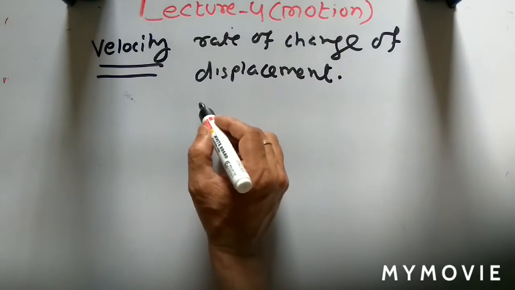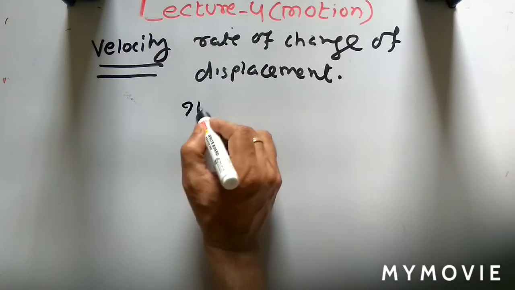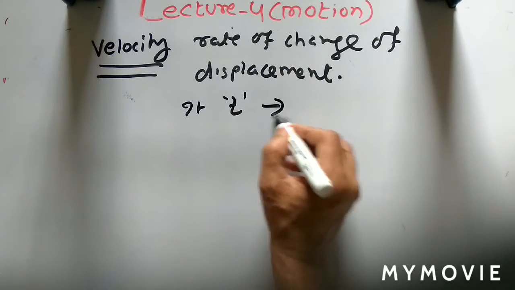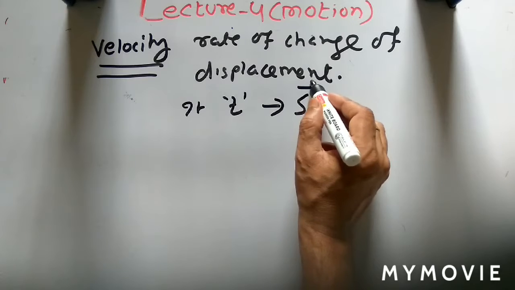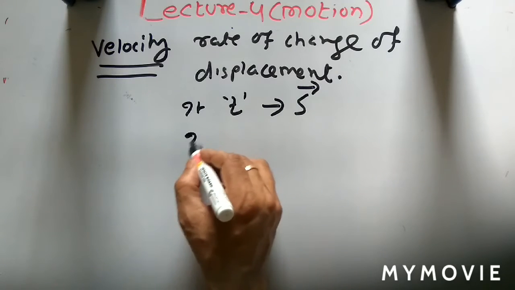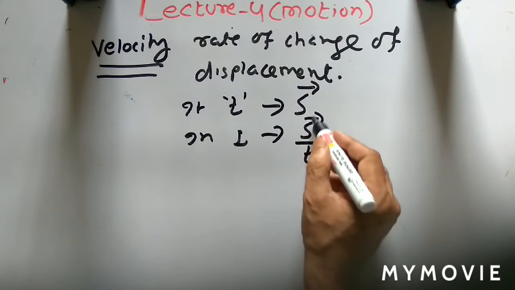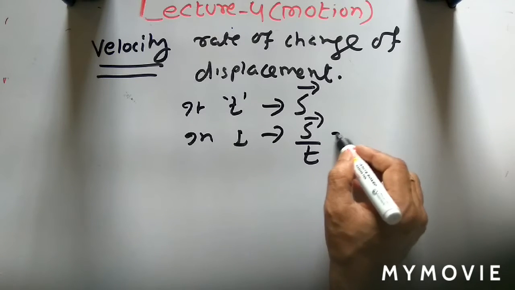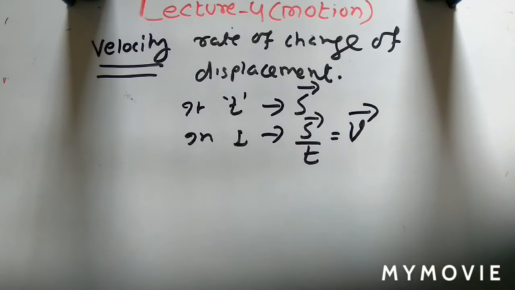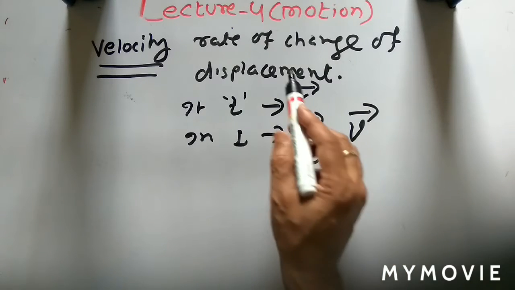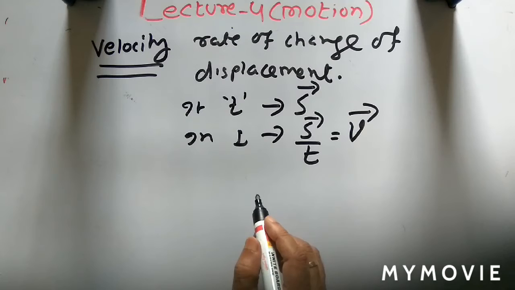So here, suppose in t time, the body covers a displacement of s. In unit time, the body will cover a displacement of s by t. So this s by t is called velocity. Velocity is defined as the rate of change of displacement.